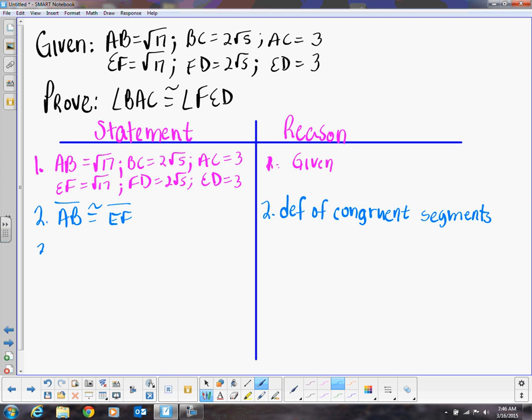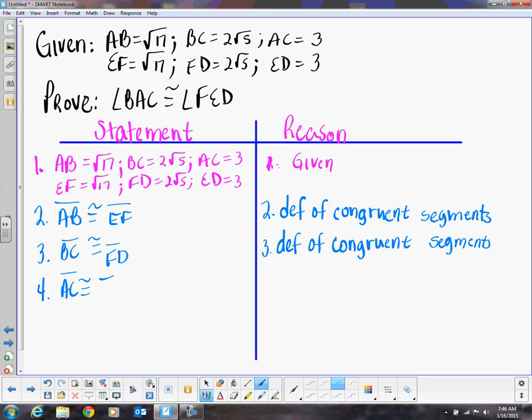And then 3, I'm going to say that BC is congruent to segment FD, and that's going to be definition of congruent segments. Then I will say that segment AC is congruent to segment ED, and that again is by definition of congruent segments.